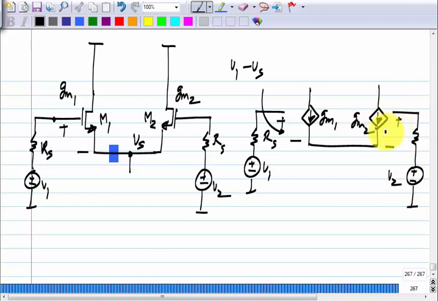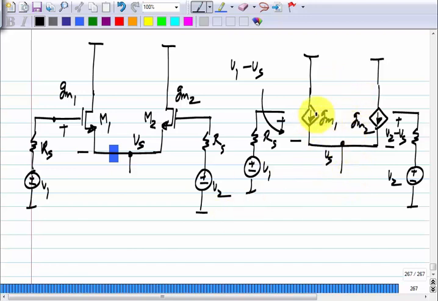And across this we will have V2 minus Vs, where this is V2. Okay. And this is incrementally open circuited here, right? There is no current flowing out this way.